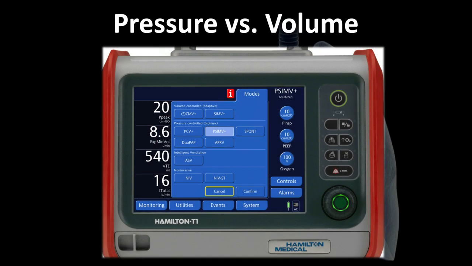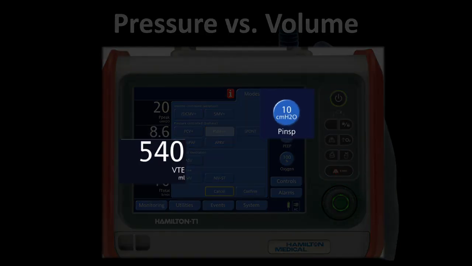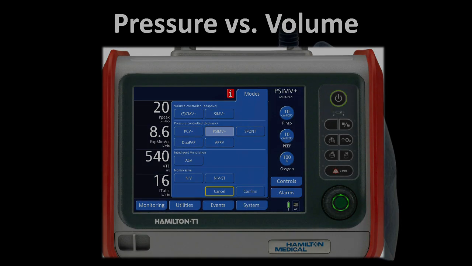You're going to have to actually watch the exhale tidal volume, and you're going to have to regulate the pressure up and down yourself to achieve the exhale tidal volume that I have highlighted here. So these two parameters that we have highlighted are areas that you're constantly adjusting to target the tidal volume that you desire based on ideal body weight multiplied by 6 to 8 mils per kilo.